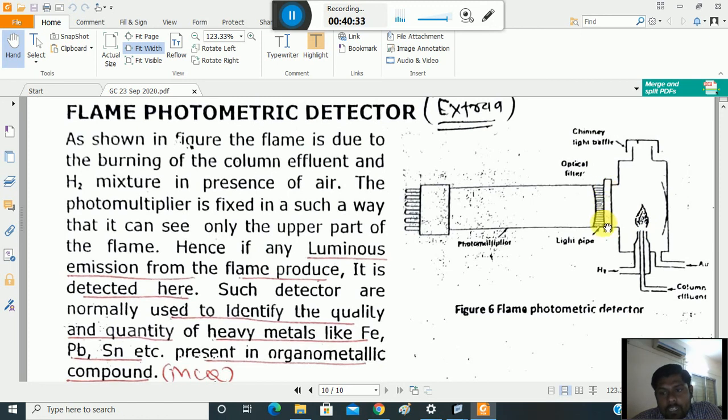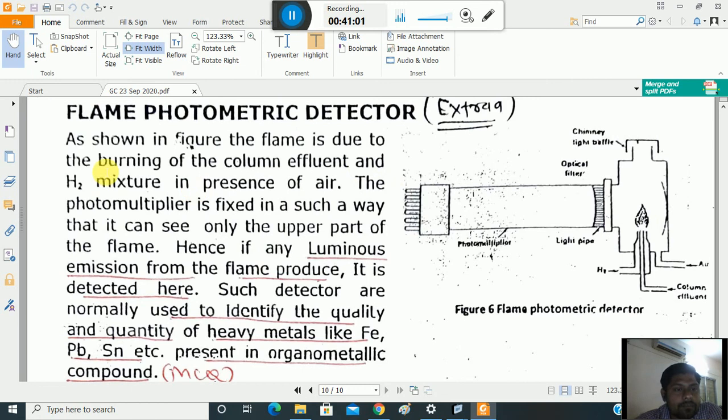PMT, photomultiplier tube, is set in such a way that it is directly in front of the flame. A flame photometer works on the basic principle of a flame test. If sodium is present in a column effluent and is burned in the flame, a golden yellow flame is observed. In place of that, the PMT measures the intensity of that particular flame.